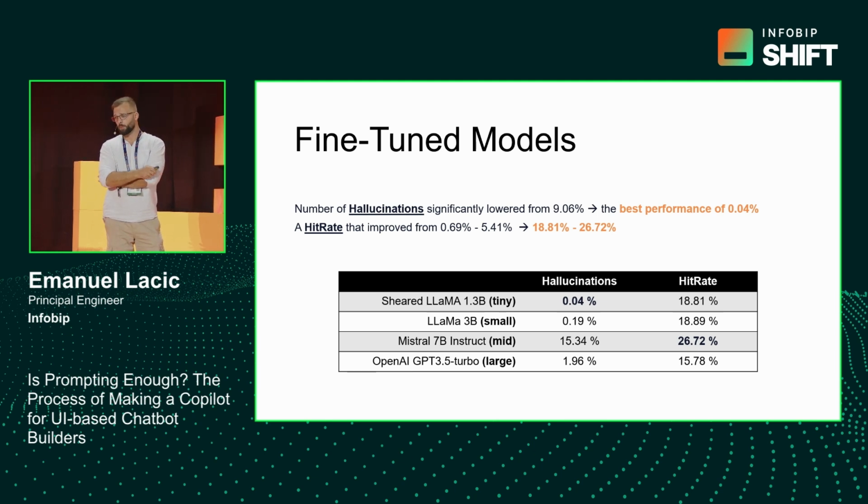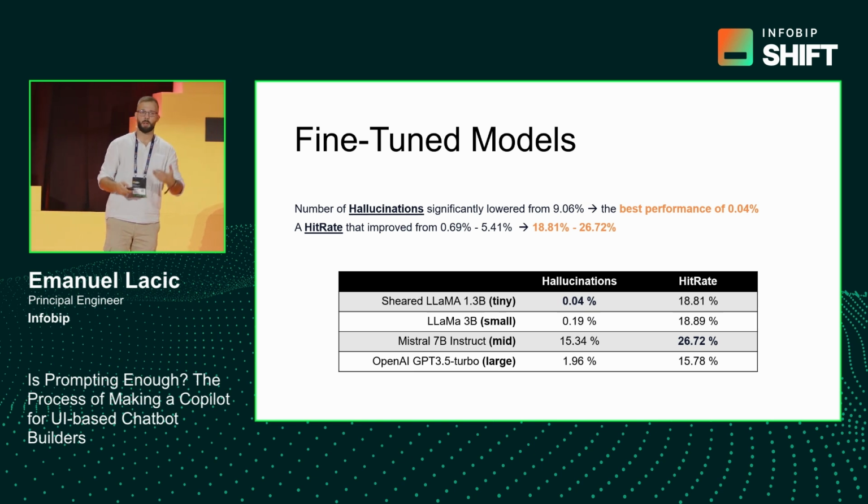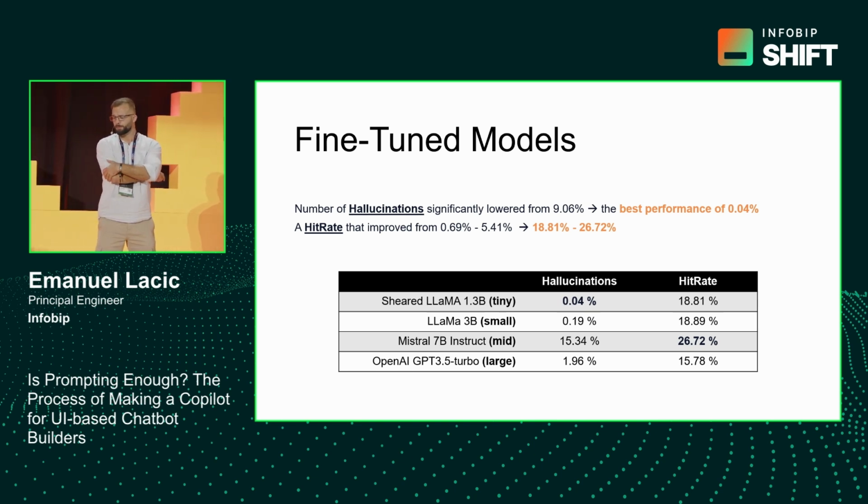But for me, one really interesting finding is that the models are sorted from the smallest to the biggest, given the amount of parameters. Here we saw that Sheared LLaMA, which was done by a research group from Princeton, used LLaMA 2 with 7 billion parameters and pruned it to be more efficient, needing much fewer resources.